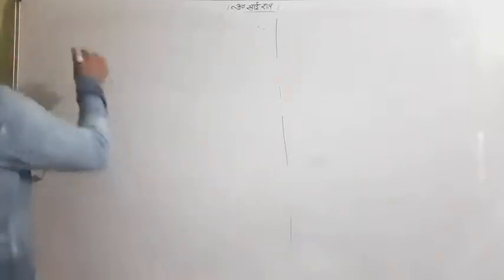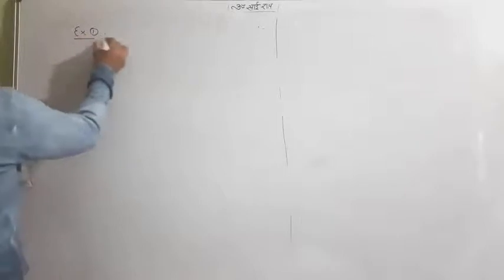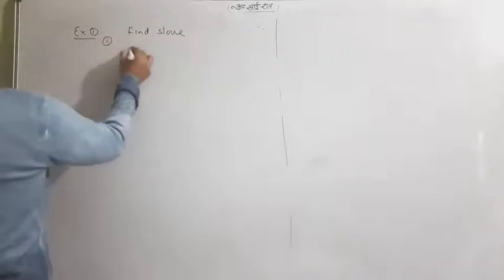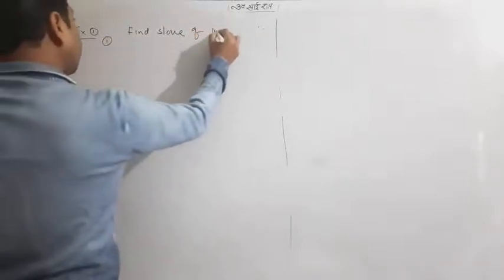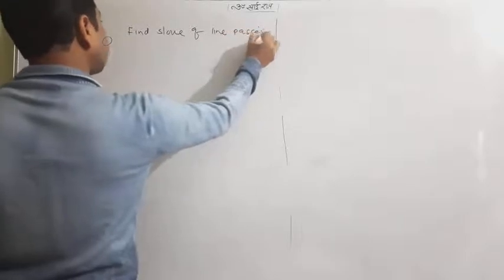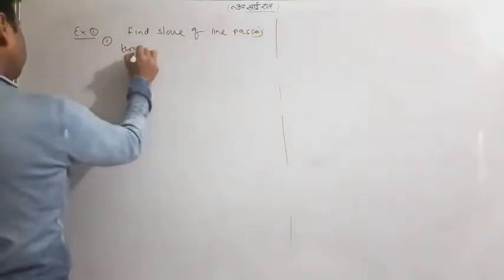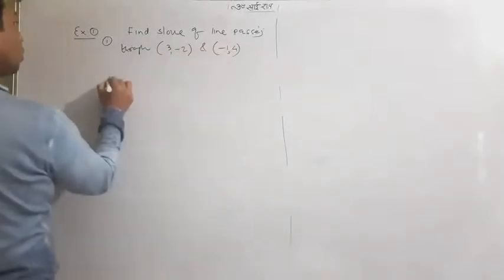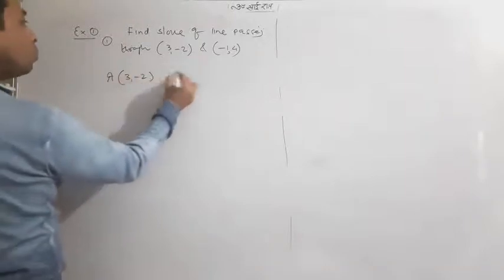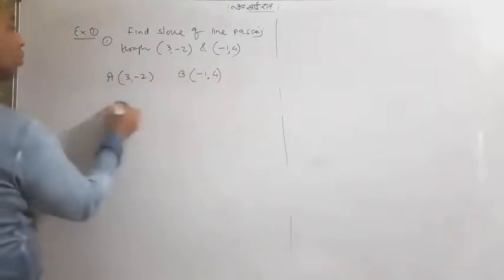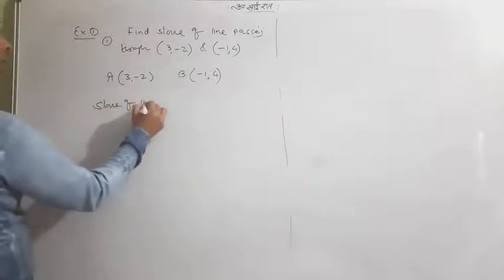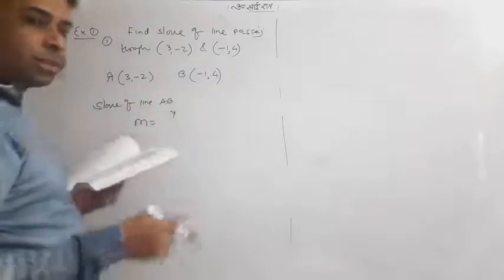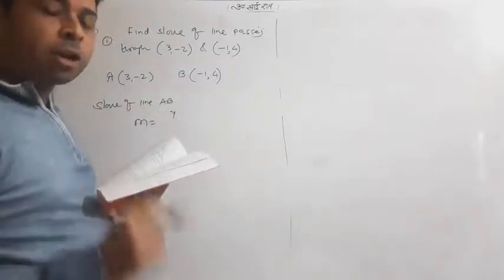In example number 1 in the book: find the slope of the line passing through the points 3, minus 2 and minus 1, 4. So A is (3, minus 2) and B is (minus 1, 4). Can I find the slope of line AB? M by the two-point form. This time remember, theta is not given, 2 points are given.